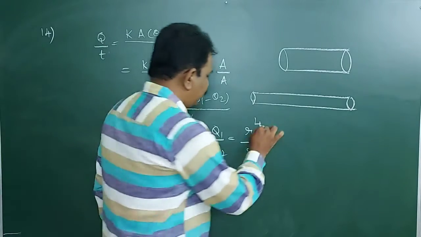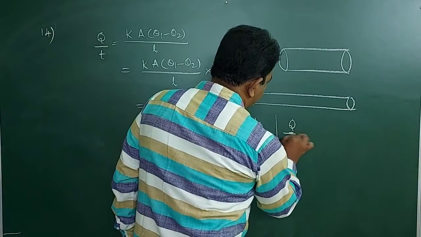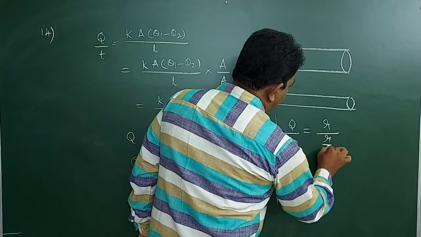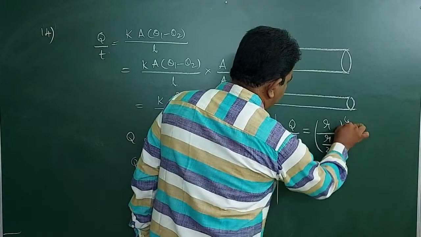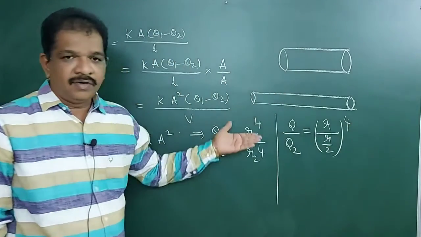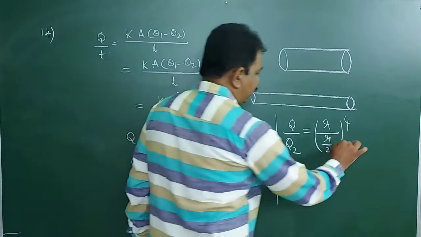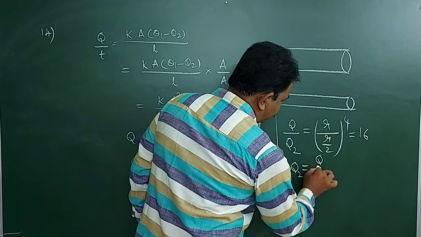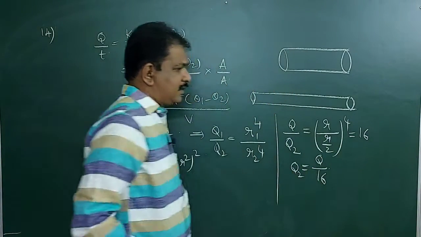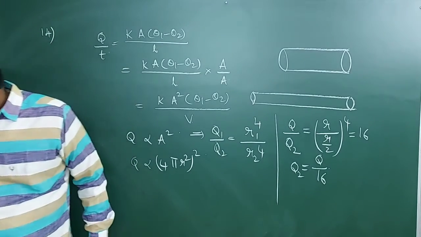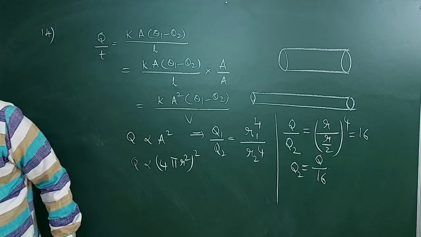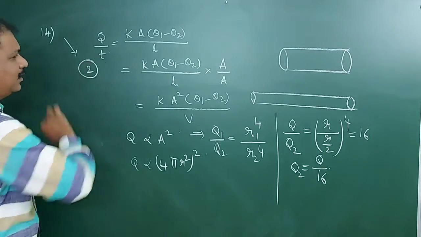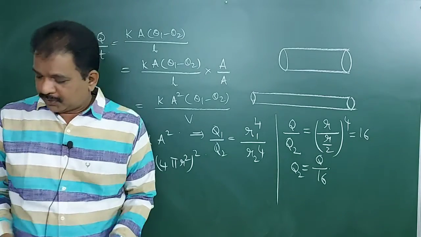They gave this is Q, this will be Q2. This is R, this will be R by 2 power 4. That will be 16. Q2 is equal to Q by 16. So for this the option will be the second option. The 14th question, it will be the second option.